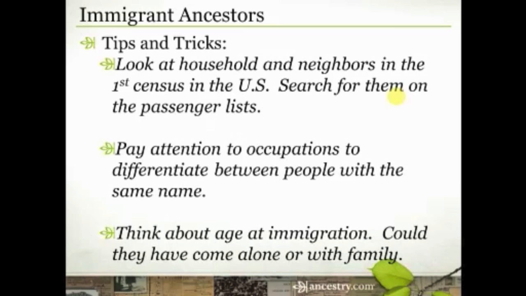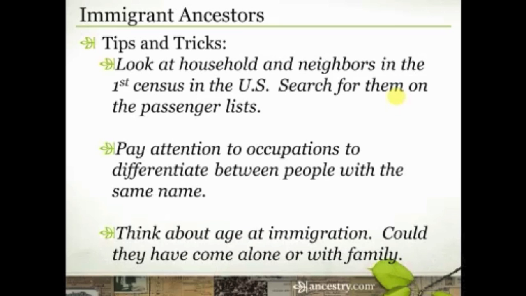It could have been a father and a mother. It could have been just the mother. It could have been an older teenage sibling or an aunt, but they likely did not come alone if they were a young child. So do the math to figure out how old they would have been. Now, with that said, young teenagers sometimes immigrated alone or with an older teenage sibling. So think about that as well.